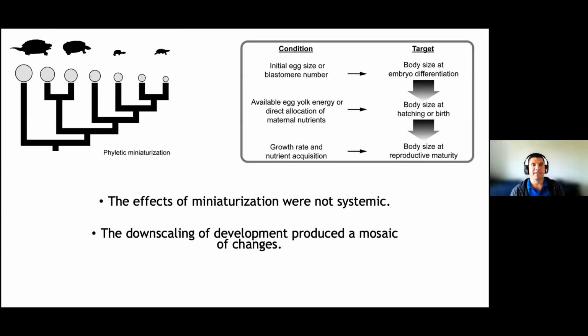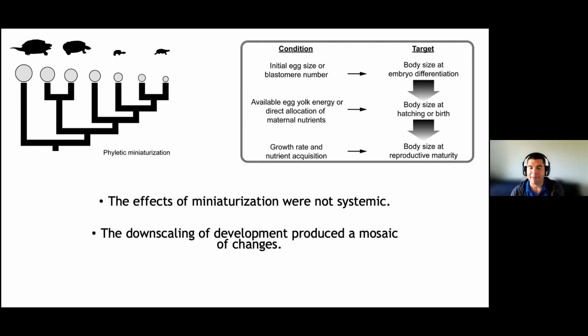Okay, so this is the end for this example that I have for you concerning body size. We supported the hypothesis of phyletic miniaturization in turtles. We looked at several life history parameters. We know that initial egg size will determine body size at embryo differentiation, so during organogenesis.